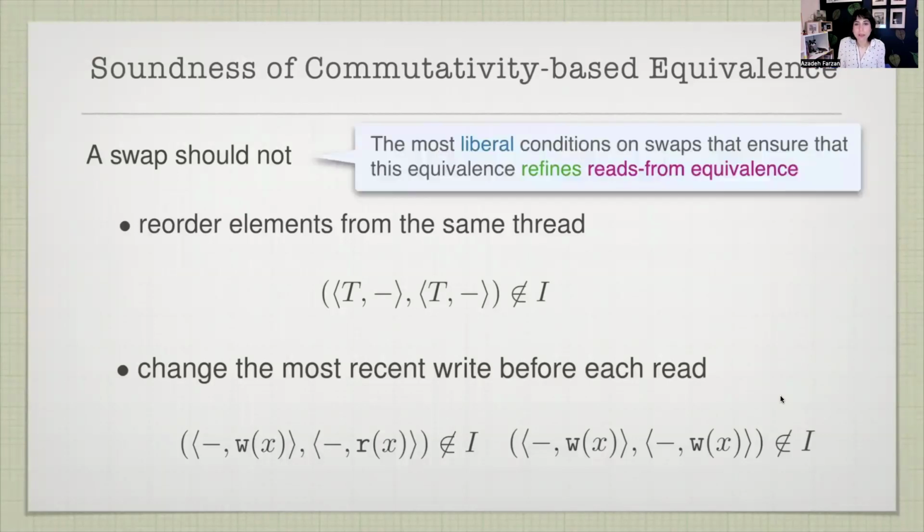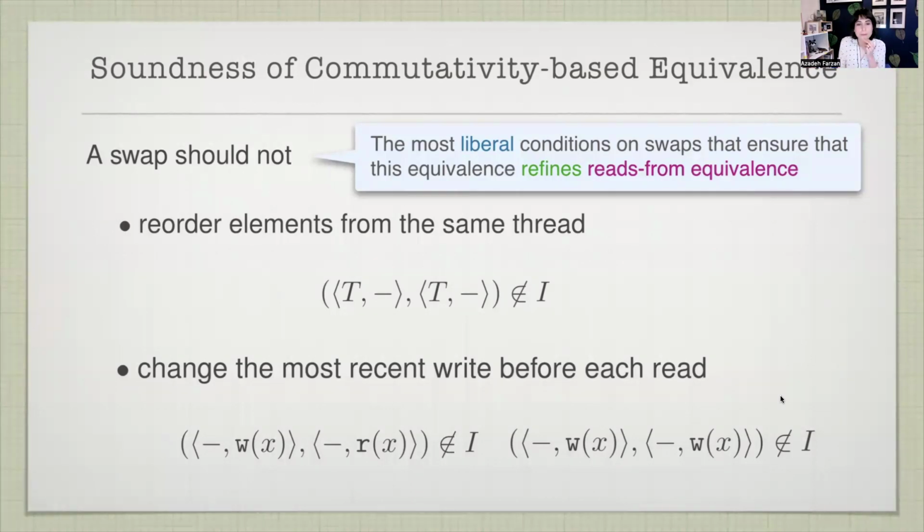I wanted to make a remark that the moment you set your sight on operating at the commutativity level of individual actions from the threads, this is the best you can do. You need these conditions not to break reads-from equivalence, and this is the most liberal you can be with the swaps. If you go more liberal, you will risk soundness.